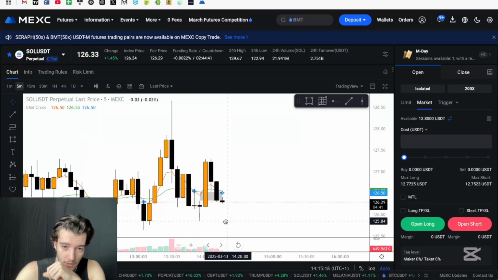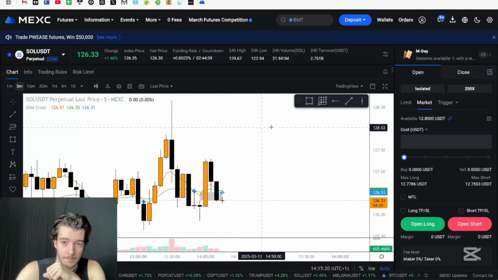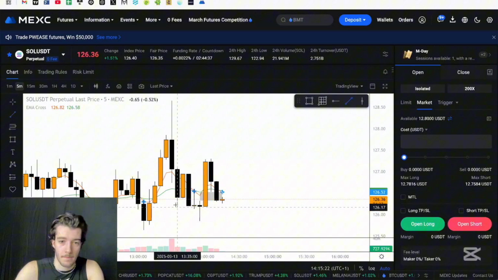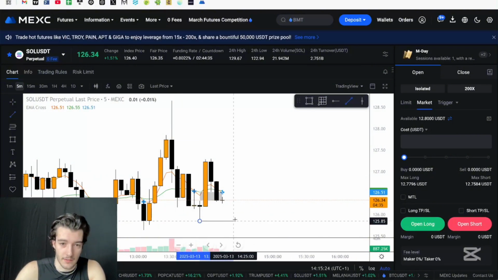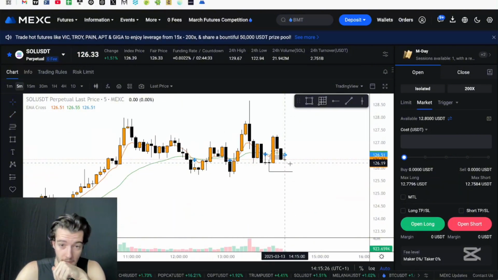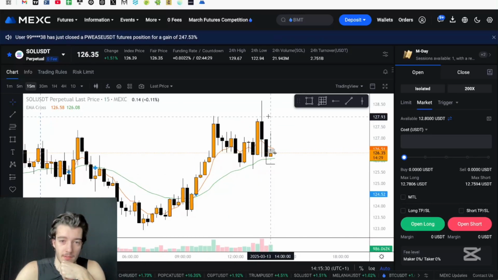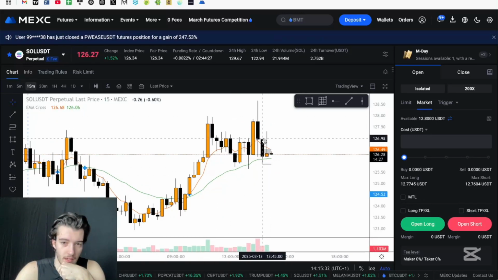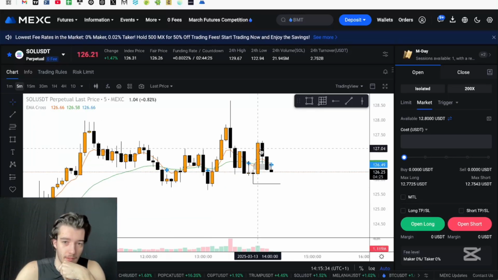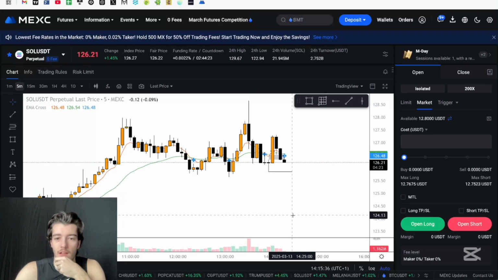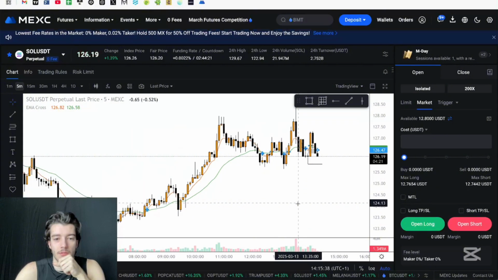If we can close a candle below this low here on the 5-minute, that would be very ideal and nice to see, because this 15-minute sweep and this 5-minute bearish tap rejection is not yet enough for me to enter.